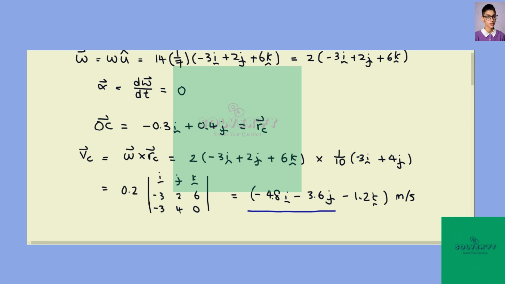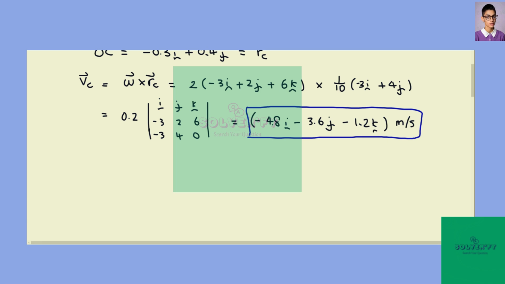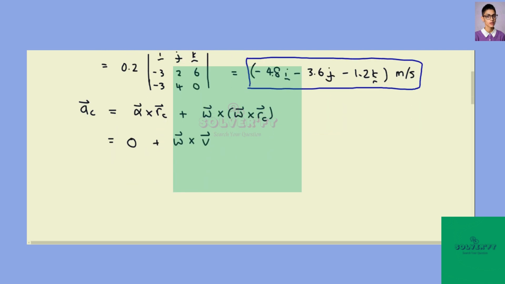Next we are going to do the acceleration for point C. For point C, AC, using the formula, it is alpha cross RC plus omega cross omega cross RC. We know that alpha is 0, so the first term is 0, and the second term is just omega cross V. This is our V. Then just repeat the same idea.